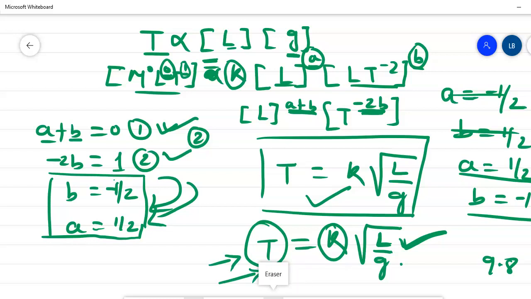You will be very much clear. Another example is that a body is moving in a circular motion. Which is the centripetal force? The centripetal force is the force which is required for a body to move in circular motion, and it always acts towards the center.